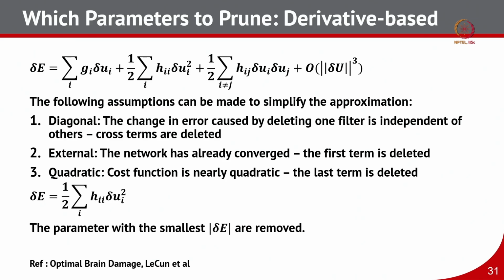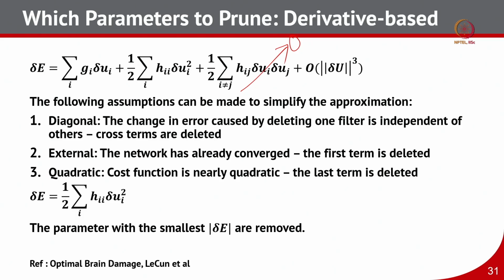Within that expression we can make some assumptions to simplify it. One is on the diagonal terms: the change in error caused by deleting one filter is independent of others. That is why we can delete these cross terms. What it means is, let us say we have two weights, weight 1 and weight 2.